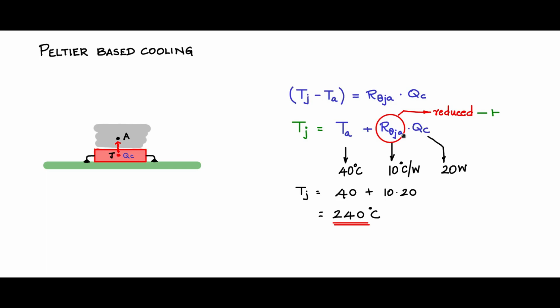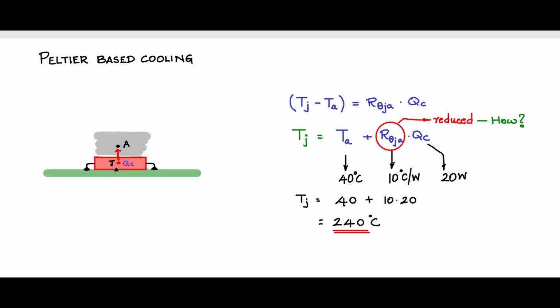How do you reduce this? That is where Peltier cooling comes into the picture. We will initially put a heat sink and see how the heat sink reduces the junction temperature, and later we will put a Peltier element to cool this component, and then see how it improves the heat removal out of the component.